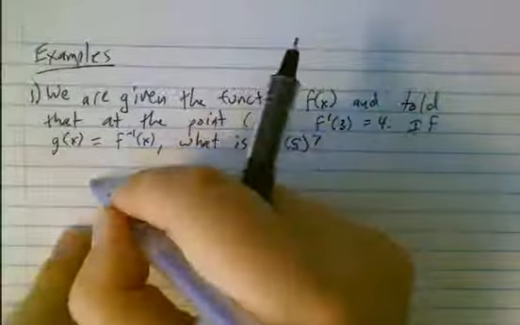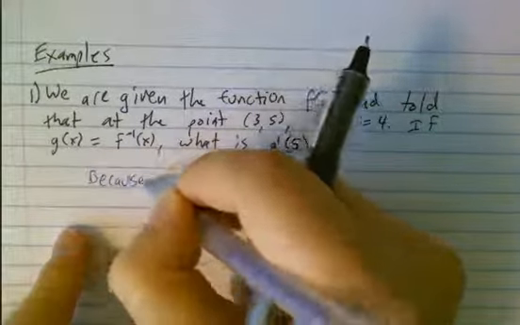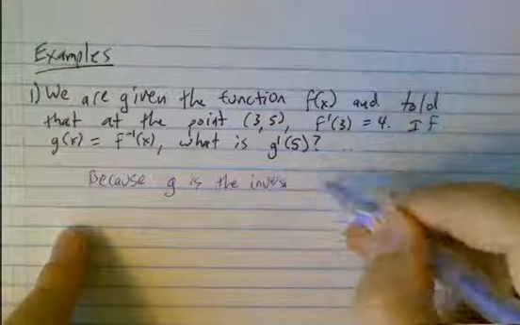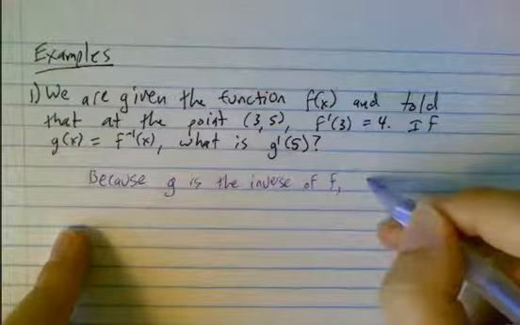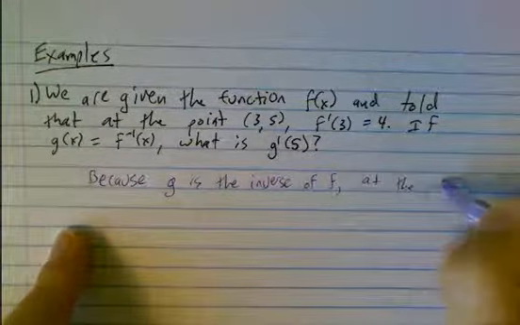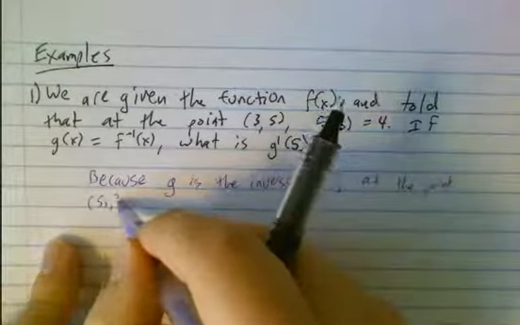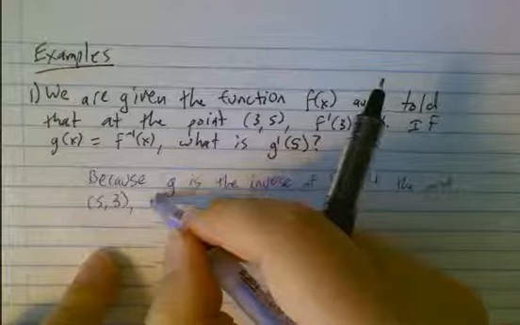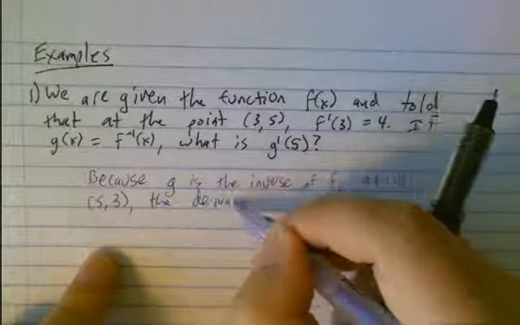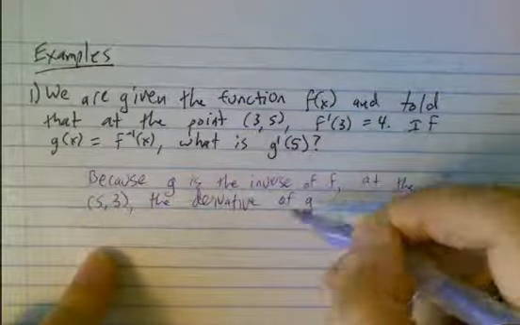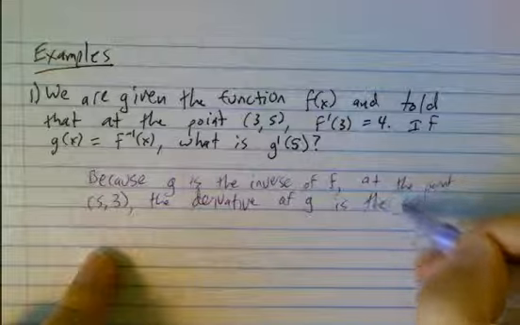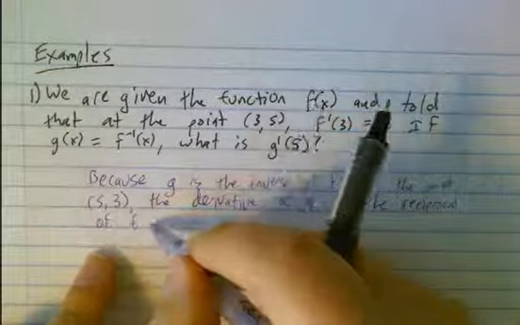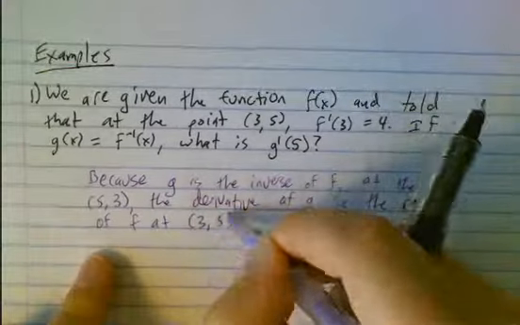So here's the logic that we're using. Because g is the inverse of f, at the point (5, 3), that's the reverse of (3, 5), the derivative of g is the reciprocal of f at (3, 5).